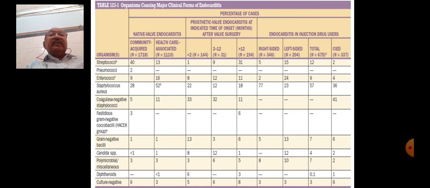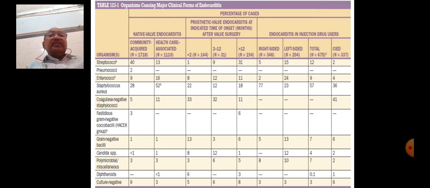In native valve endocarditis, it is further divided into community acquired and healthcare associated. In community acquired, streptococci are the most common, and in prosthetic valve endocarditis they are not so common.